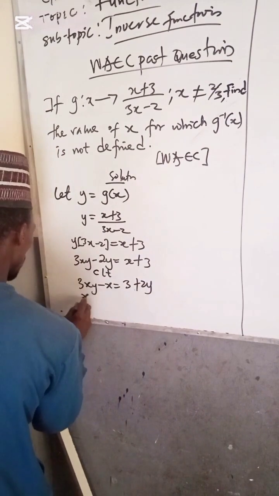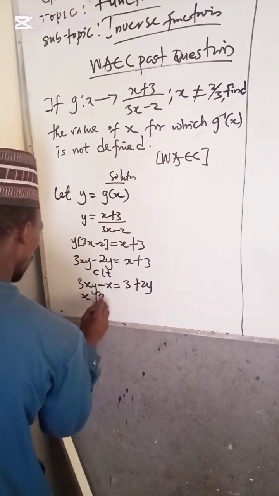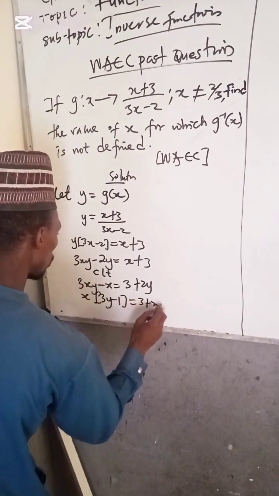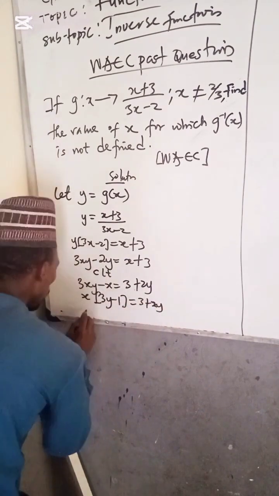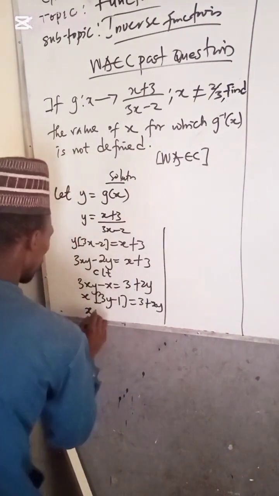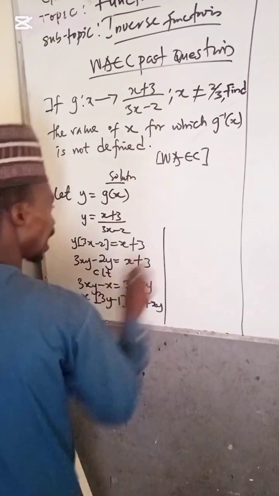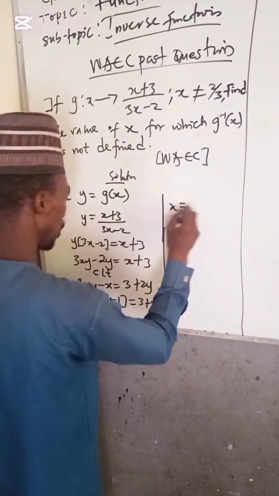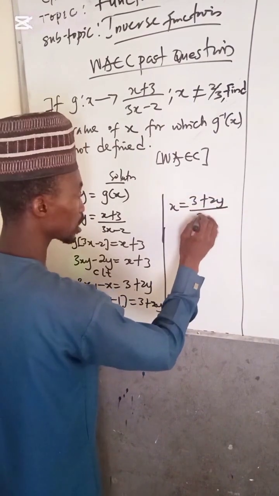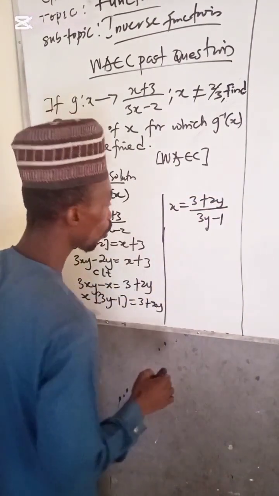Factor out x since we are solving for x. So you have x times 3y minus 1 is equal to 3 plus 2y. Now, divide both sides by 3y minus 1. x will be equal to 3 plus 2y over 3y minus 1.